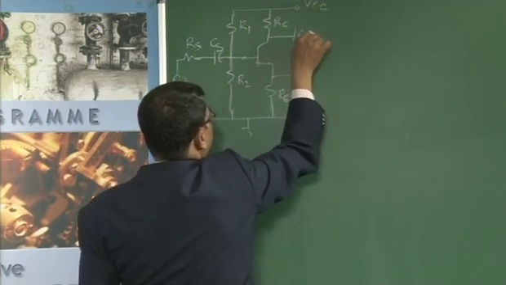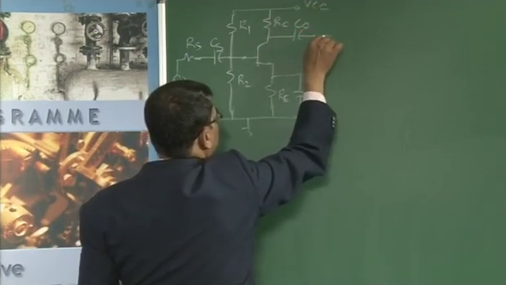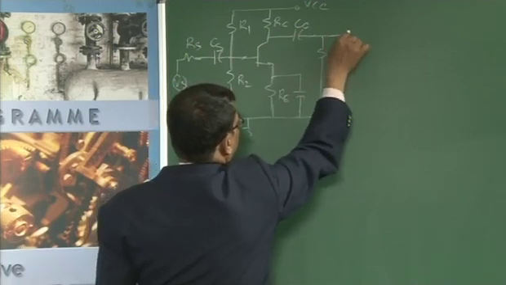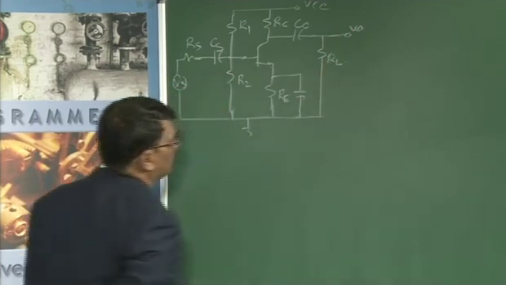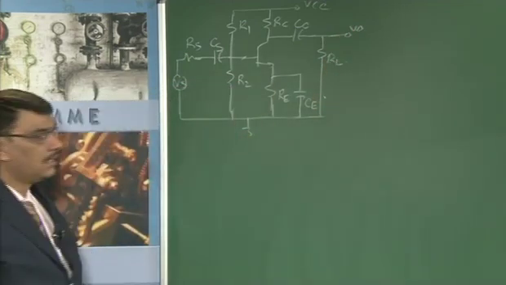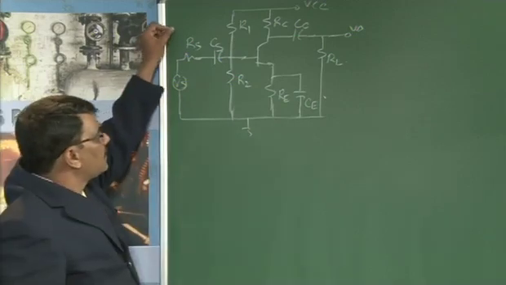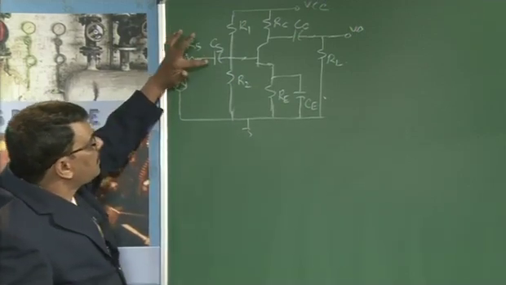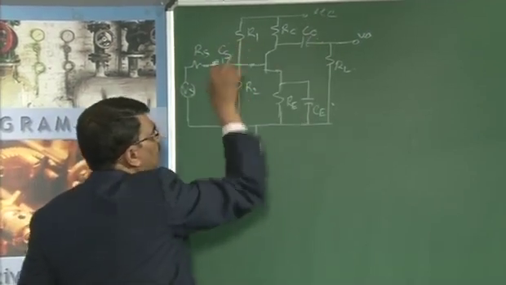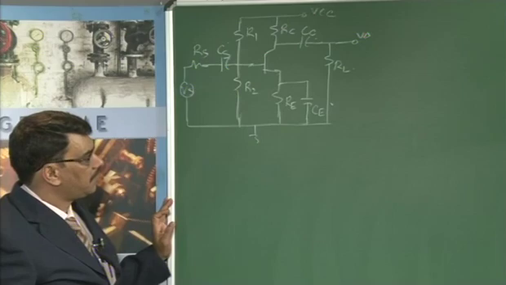The load resistance is connected through a coupling capacitor CC, and then load RL is connected to the output, and the output is taken across RL. The objective of this class is to determine the effect of these three, CS, CE and CC, on the gain of the amplifier.